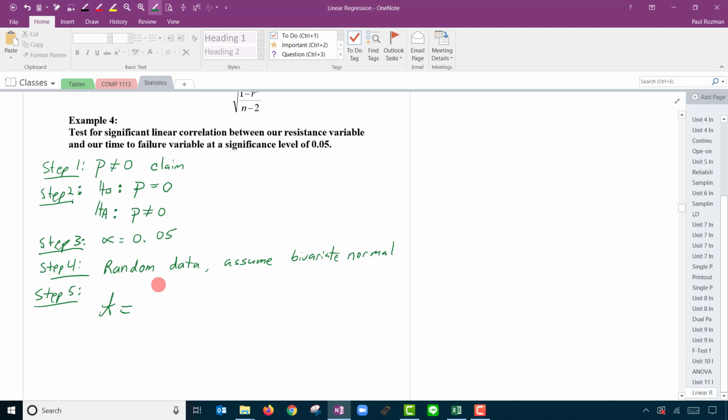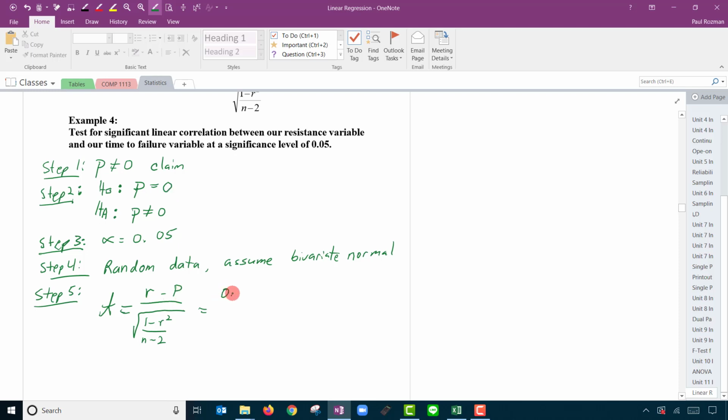The test statistic was r minus rho over the square root of 1 minus r squared over n minus 2, and that's a t distribution. I added in the formula above, I didn't have the rho in it because the test is always null hypothesis, rho equals 0.